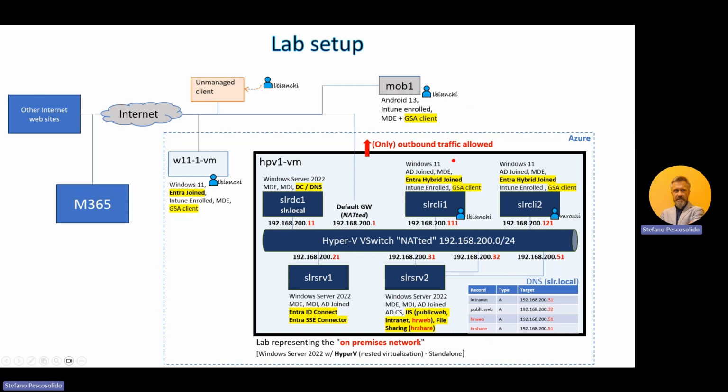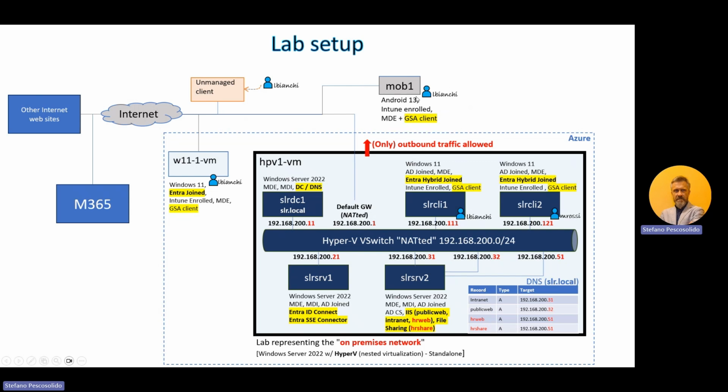And I have a couple of clients within that network. Both of them have the GSA client, the component which allows those clients to connect to Entra Secure Service Edge. I have also another mobile client with the GSA client installed, which is installed by Microsoft Defender for Endpoint.